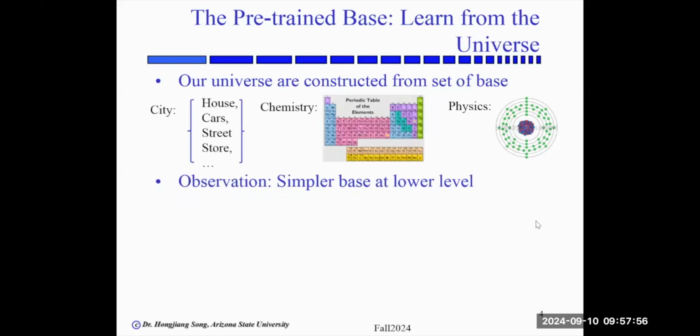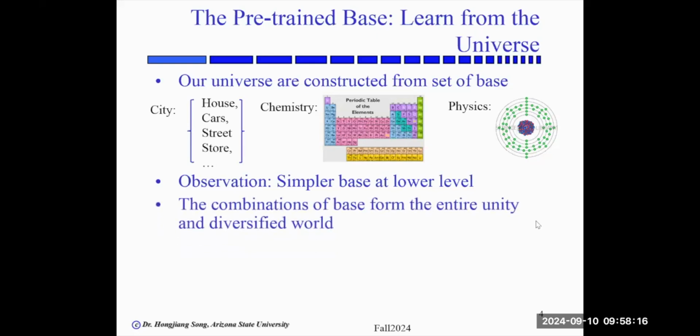There is also a very interesting observation: when you go into a lower level, the number of the bases becomes simpler. Of course, with a very simple structure, the organization becomes more complex. So there should be a balance. By combining a simple set of bases, the entire world can be built with unity and also diversity.